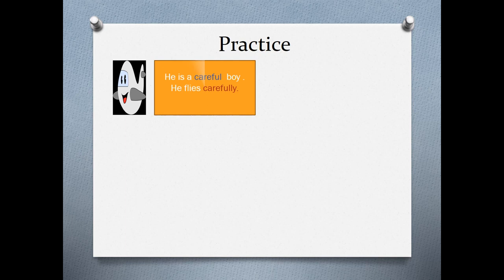Boy is a noun. Careful is an adjective. But next sentence. He plays carefully. So plays is a verb. Carefully is an adverb. Okay. Are you writing in your notebook?